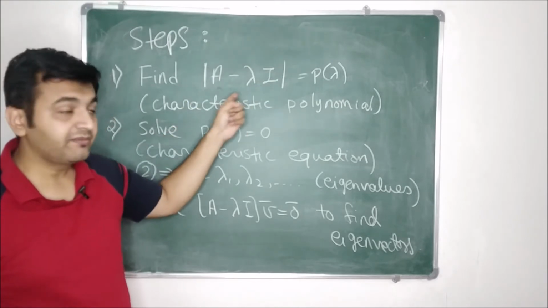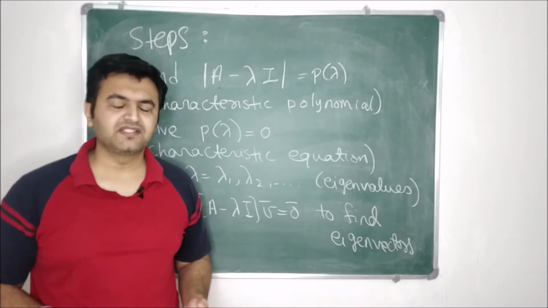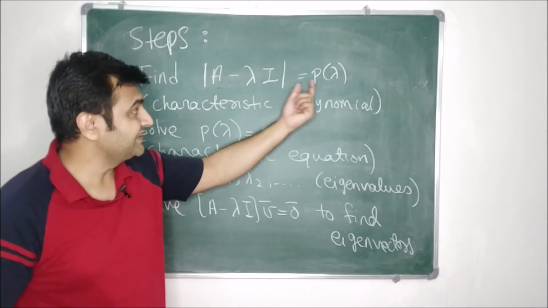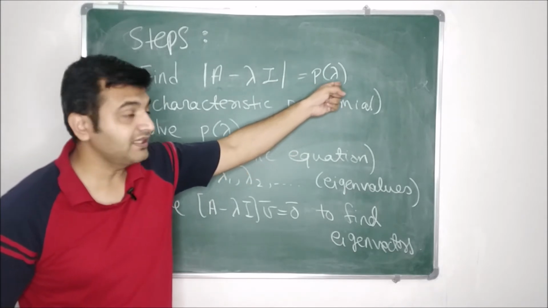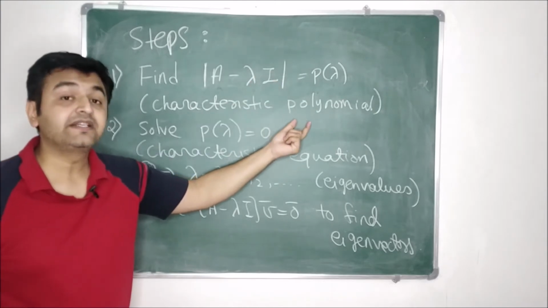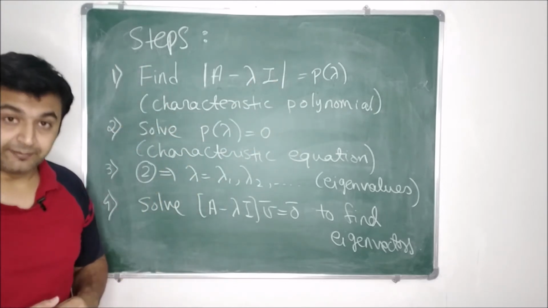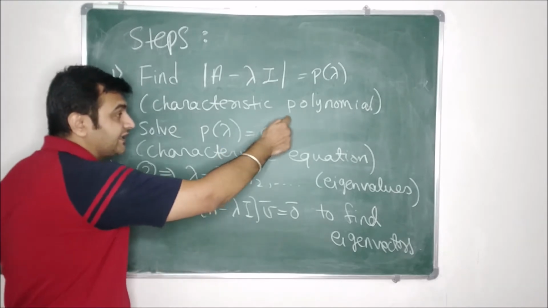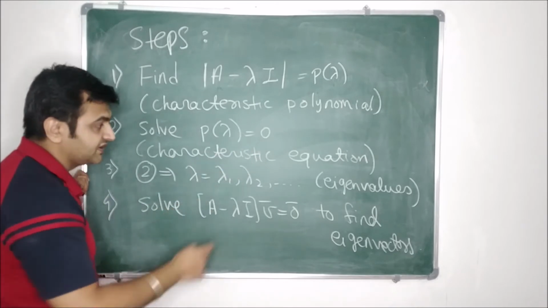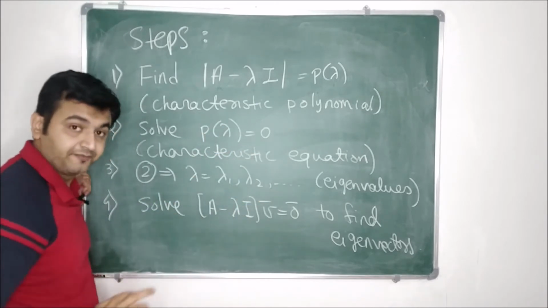When you find this determinant, you will get an expression in terms of lambda, or to be precise, a polynomial in lambda, and that's why I'm calling this term P of lambda. This polynomial is called the characteristic polynomial. This is a nice polynomial, that's why we are giving it a name. Now you equate this polynomial to 0. Since we are equating, this is now called the characteristic equation.